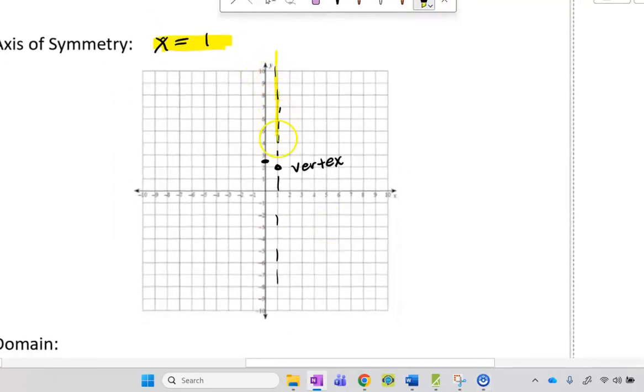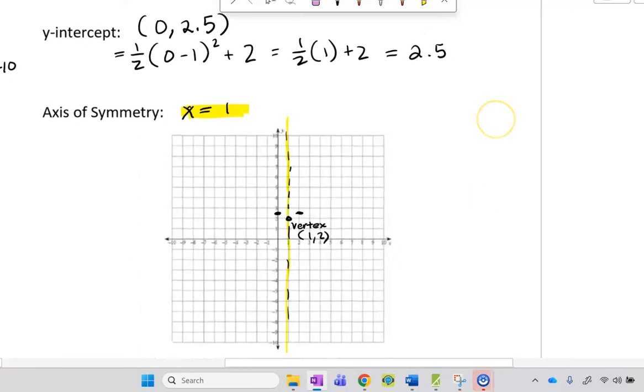So I've got my axis of symmetry. I know that whatever is on one side can reflect onto the other side, so I could put a little point here as well. This is all so close together, so I'm going to make a little note. My vertex is at 1, 2. Okay, I have my y-intercept, and I reflected it over to the other side of the yellow line because you're allowed to do that.